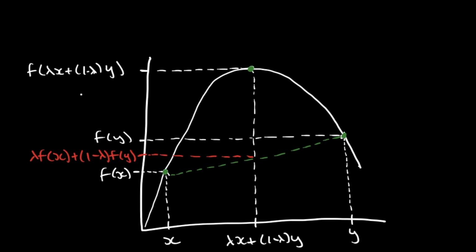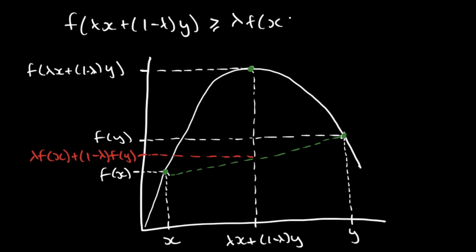So as we can see here, the function of the linear combination is greater. This point here is greater than this point here. So in our definition of a concave function, this is what we have.